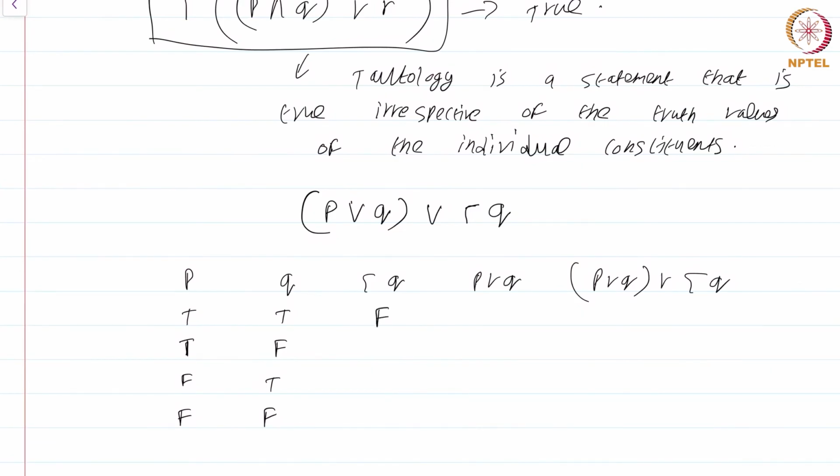P or Q is true here, true here, true here, false here. Now P or Q or negation Q is true, true, true, true. So irrespective of how you assign the truth values to P and Q, you will always get P or Q or negation Q as true. Such a thing is called a tautology.